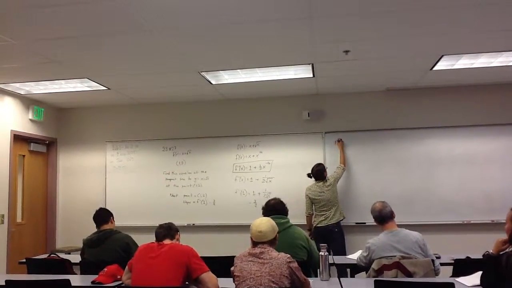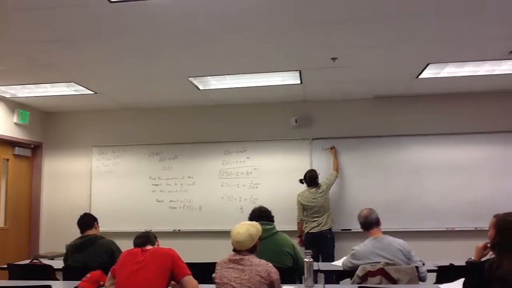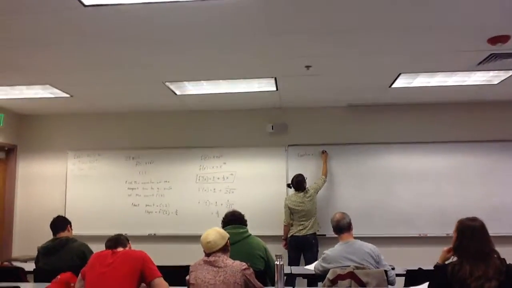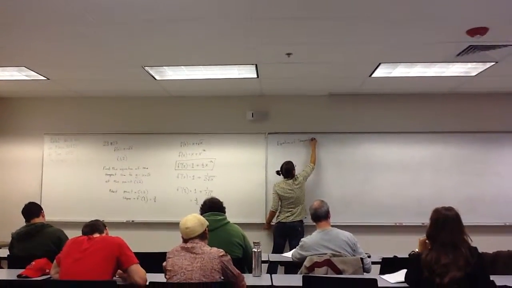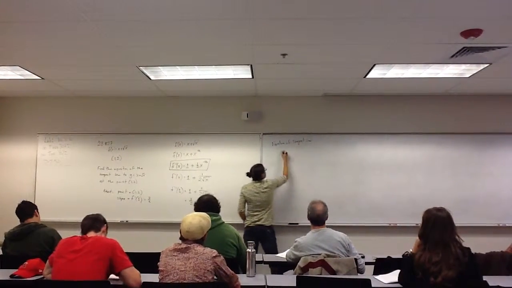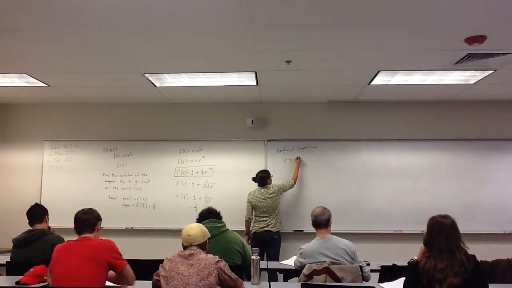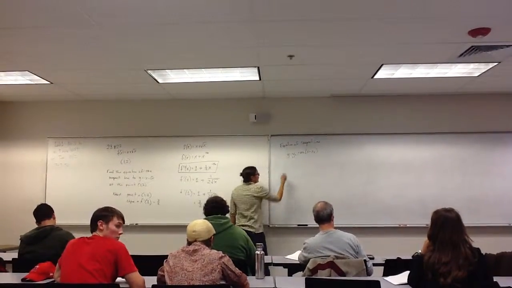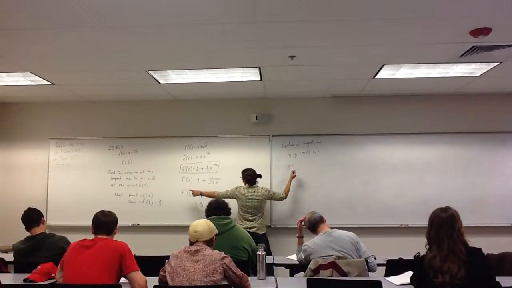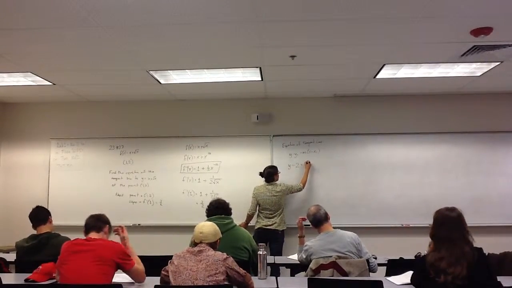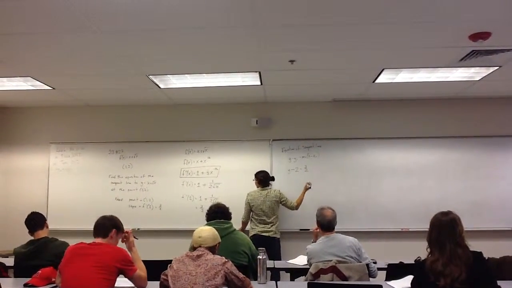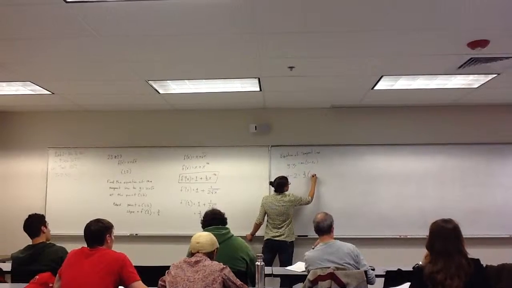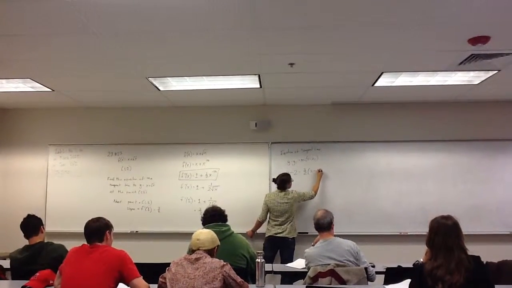All right, so the equation of our line, I'll use y minus y1 is equal to slope times x minus x1. And so y minus the y value, which is 2, is equal to 3/2 times x minus the x value, which is 1.